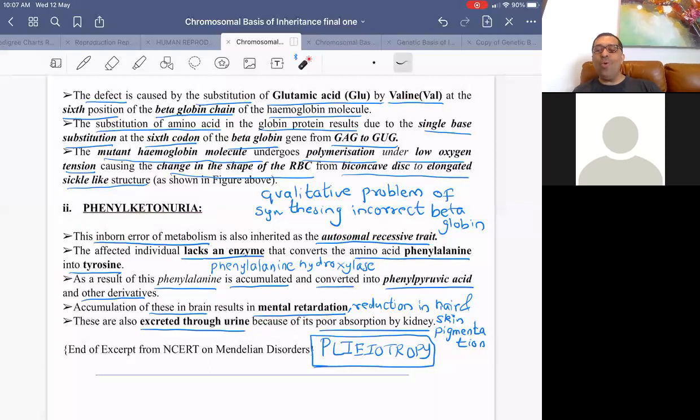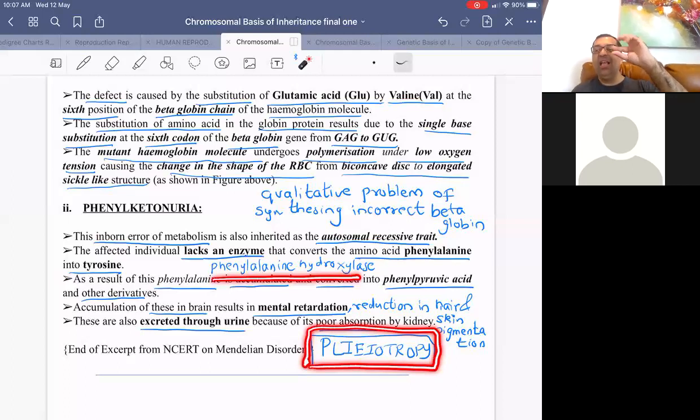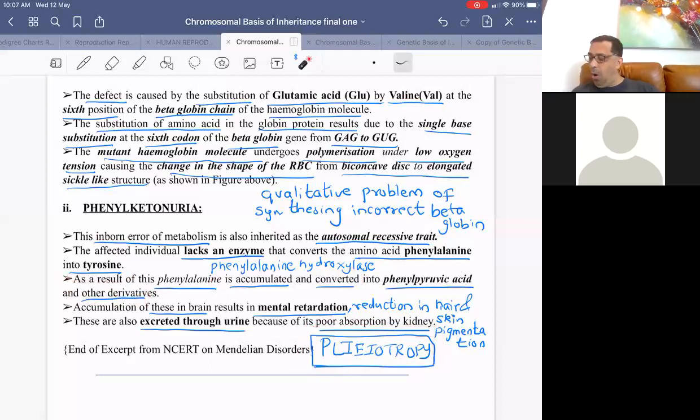Phenylketonuria is also an example of a pleiotropic gene. One gene, the one for phenylalanine hydroxylase, if it has undergone a mutation, leads to multiple metabolic changes. So first it changed the metabolism, and instead of tyrosine it made phenylpyruvic acid, and it caused mental retardation, reduction in hair and skin pigmentation.